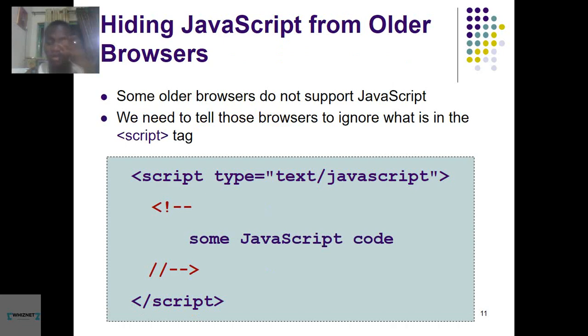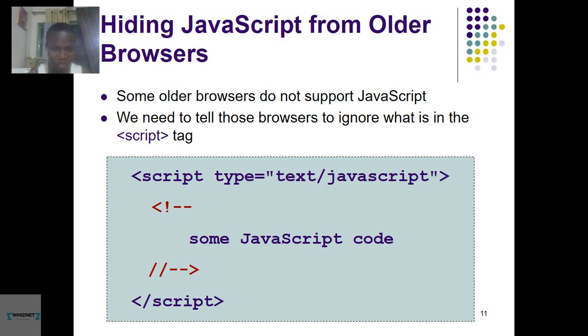Another thing is we can hide JavaScript from other browsers, meaning that some browsers do not support JavaScript, like IE, which is Internet Explorer, and some other browsers like Lynx and others.